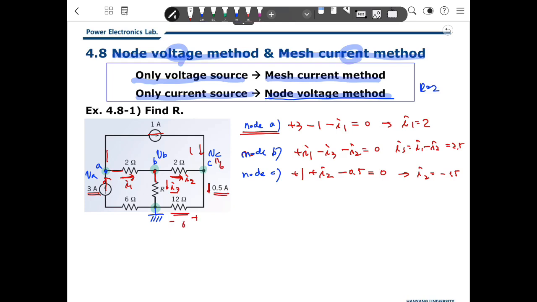So VC is 6, and I2 is minus 0.5, so that value is 1, so this is 5. So VB is R times I3, so VB is 5, so R is 5 divided by I3, which is 2.5, so 2 ohm. The same result as in the case of the mesh current method.